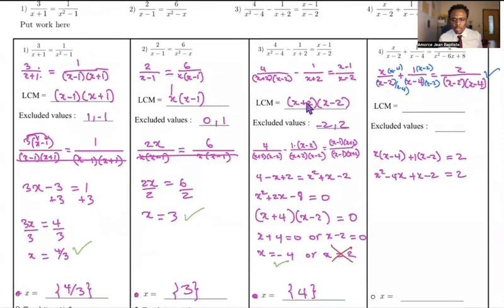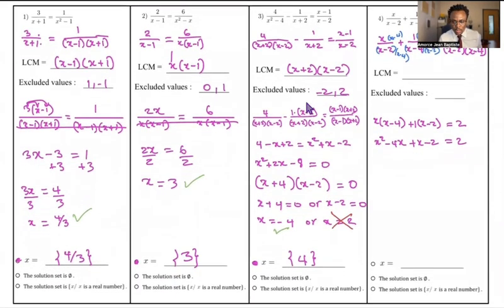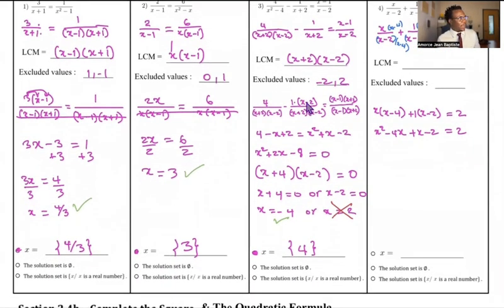We distribute, multiplying by everything inside the parentheses. Combine like terms: x squared minus 3x minus 2 minus 2 equals 0. I subtract 2 on both sides, so that's minus 4 actually.